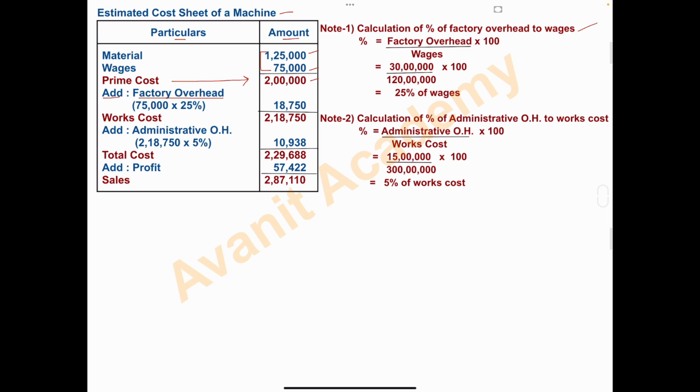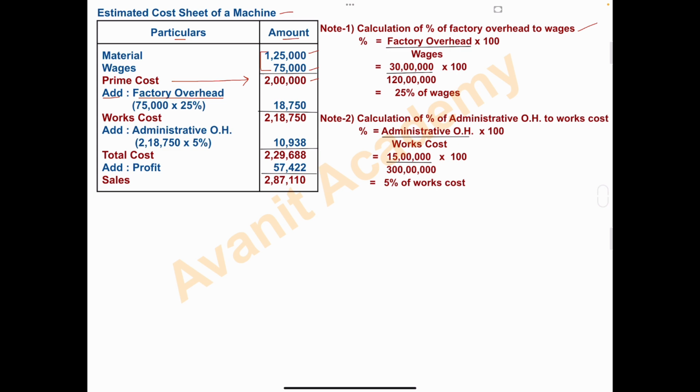All these formulas we have already discussed in the previous videos. So to calculate the factory overhead amount, the formula is percentage is equal to factory overhead divided by wages into 100.